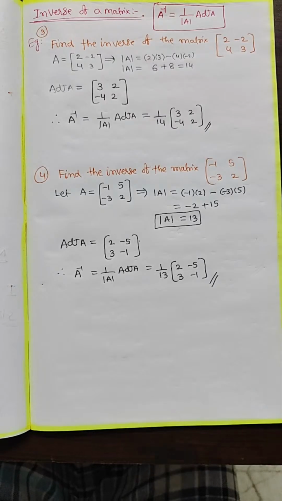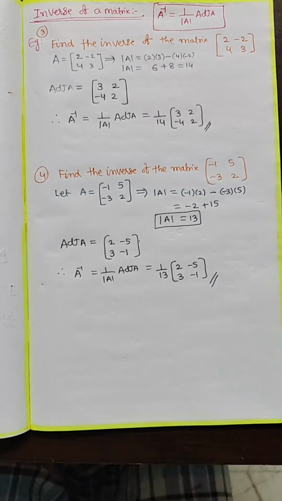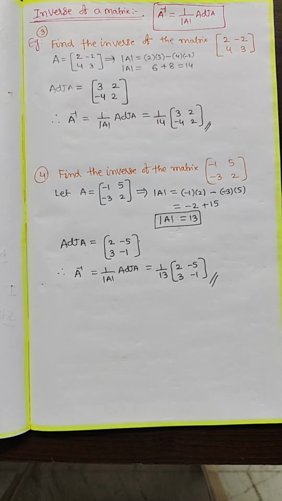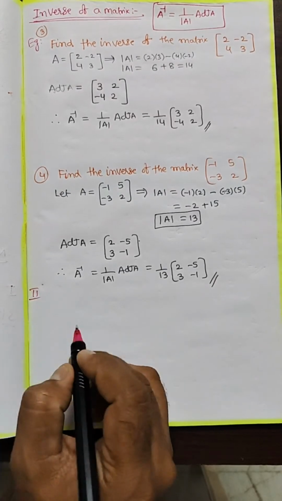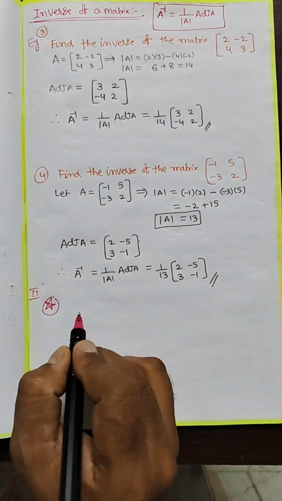Here, one important property regarding adjoint, in second bit, is an important point.